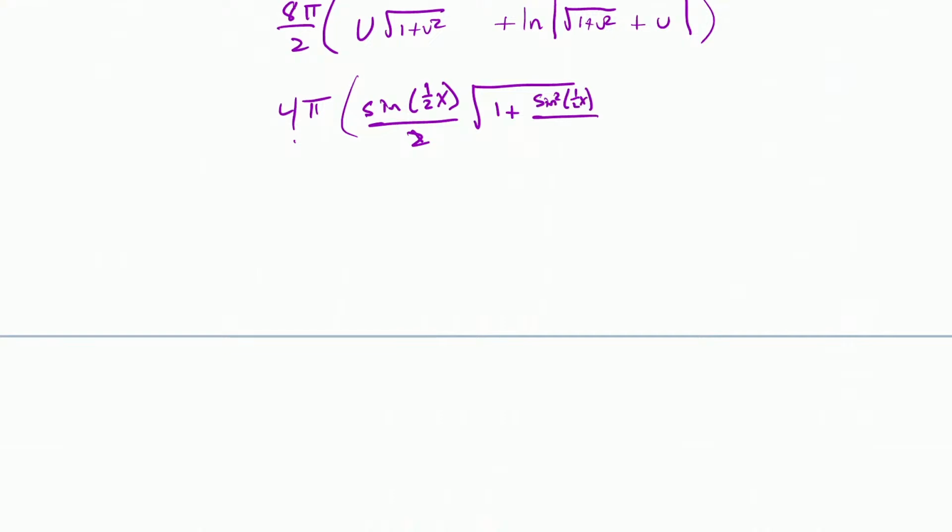This is so ugly. Okay, you get the picture. 1 plus sine squared of one half x over 2. Sorry, that 1 isn't over 2. Oh, it's over 4. Yeah, you can see I've really lost my interest in doing this one.